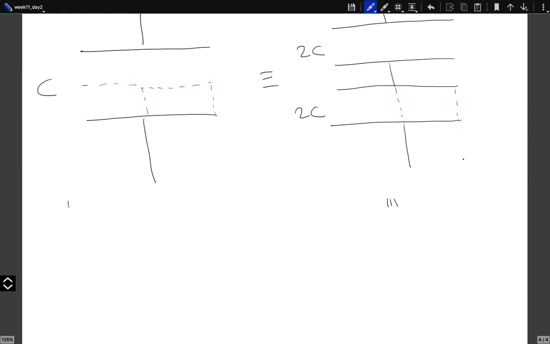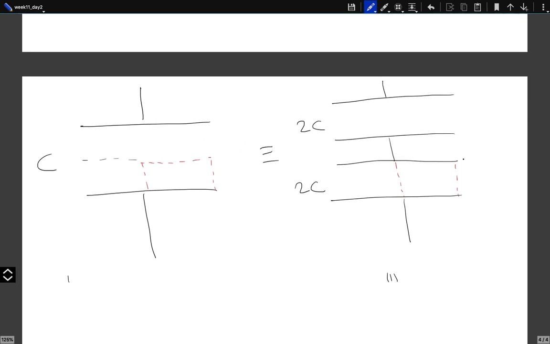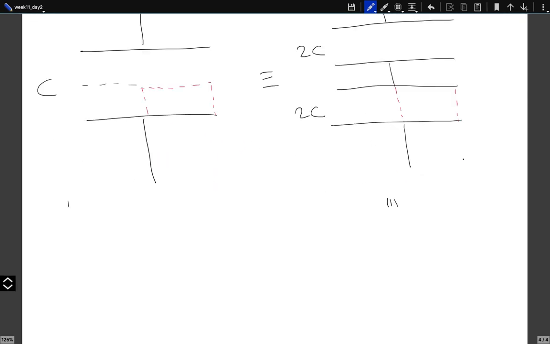Now what I will do is just divide that capacitor into two. There is the upper capacitor, which has capacitance 2C, and the lower capacitor I just divide into two.